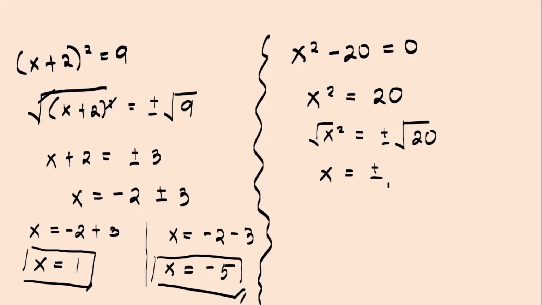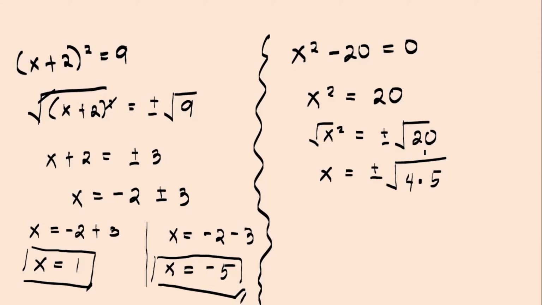Okay, so ano ba yung factors ng 20? So this is 4 multiplied by 5. Okay, so 20 is equal to 4 multiplied by 5. And 4 is a perfect square. Again, yung 20 meron siyang factor na perfect square, which is yung 4. Okay?